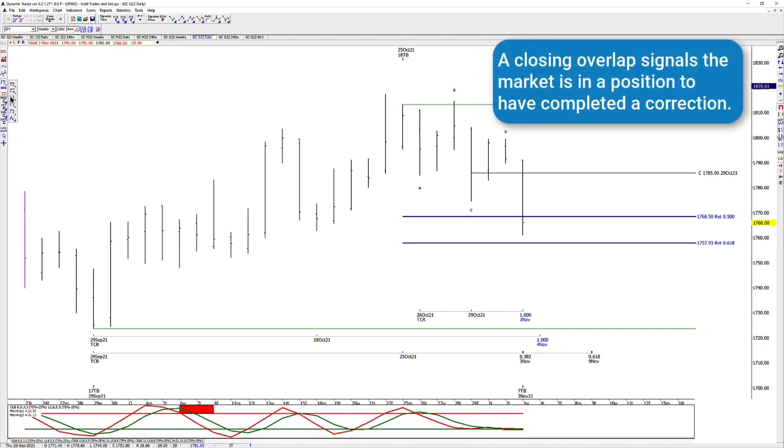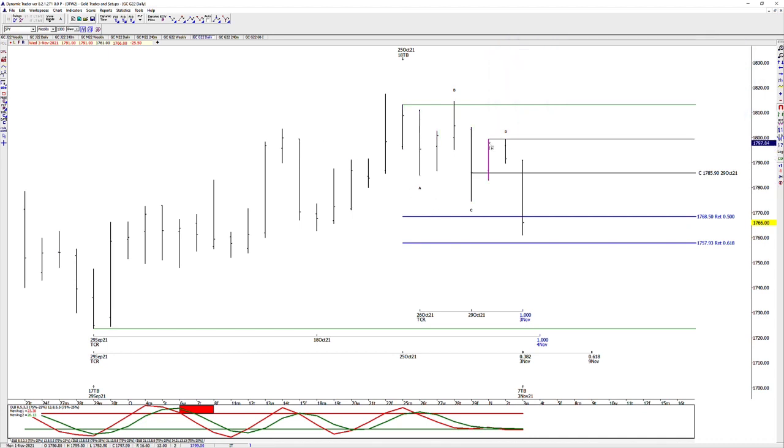And a significant confirmation that it's complete would be a trade above this last swing high. That would break the bearish pattern of lower lows and lower highs.